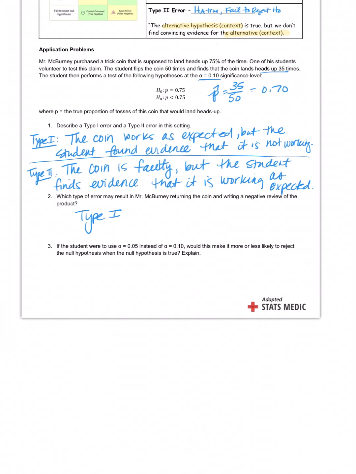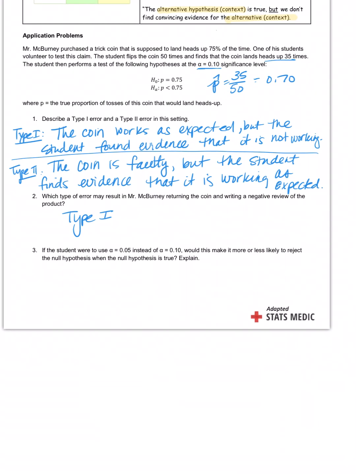Now, look at this. If the student were to use a 5% significance instead of 10%, would this make it more or less likely to reject the null? So here we go. We were starting over here. Oh, sorry, it's a less than. So this is going to be a left tail test of 10%, right? That's where we started. So our probability of a type 1 was 10%.